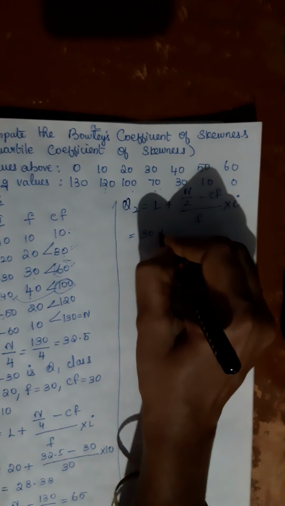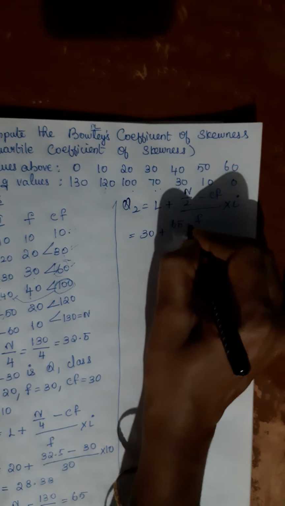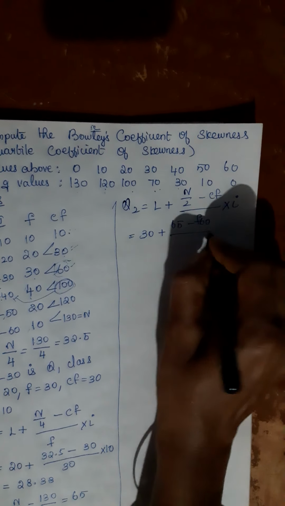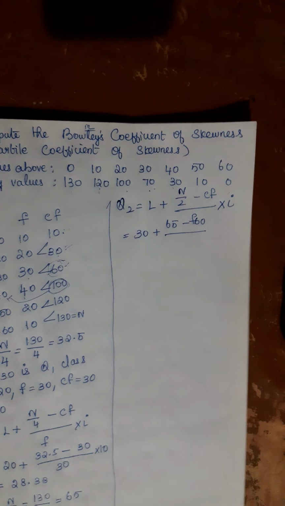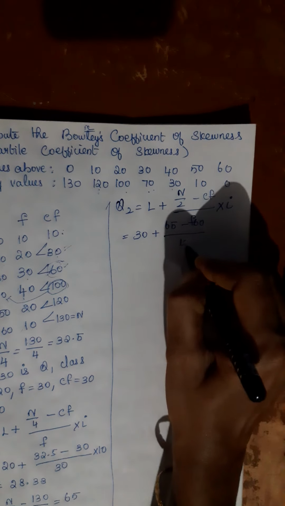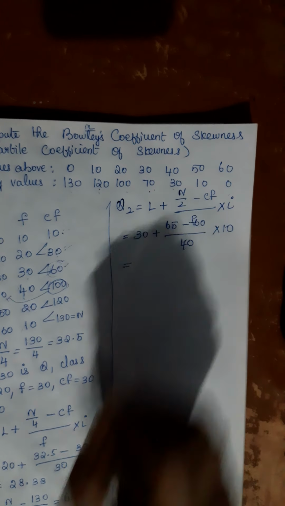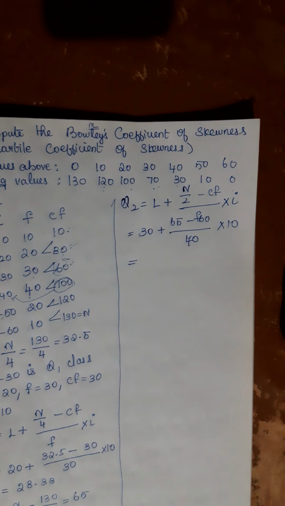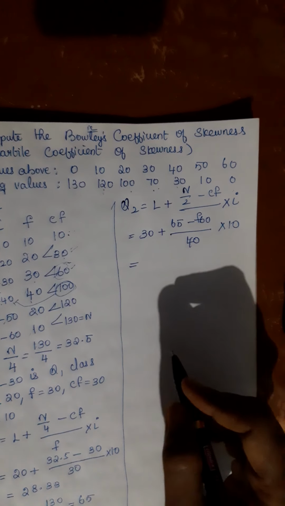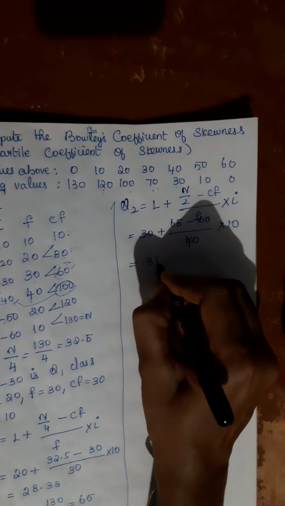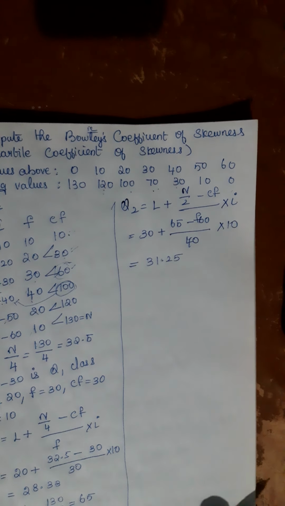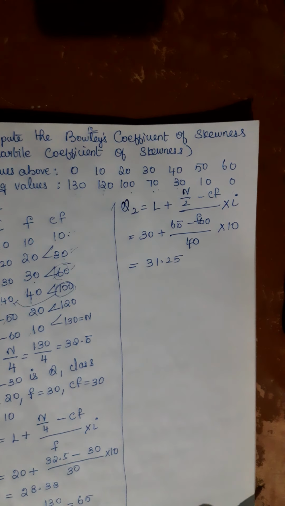L is 30, n by 2 is 65, minus 60 which we have written here, by f which is 40, into i which is 10. Do it with your calculator. The answer is 31.25. Okay, so Q2 is over.